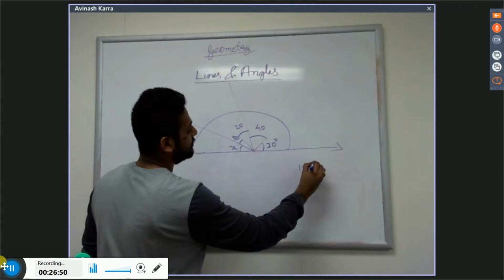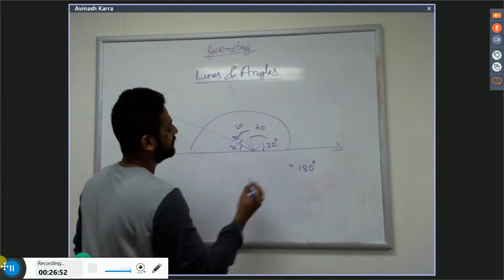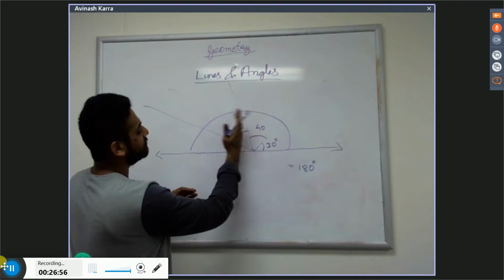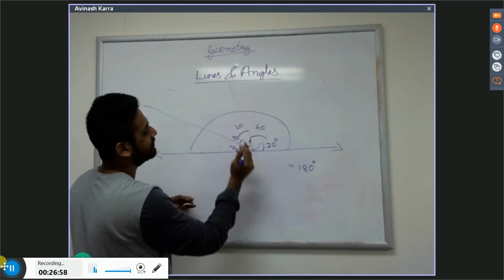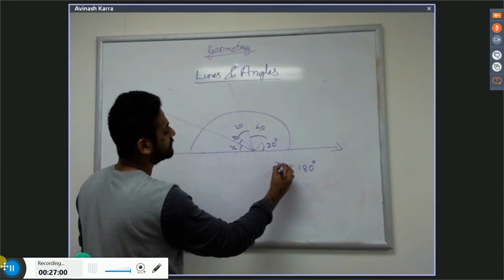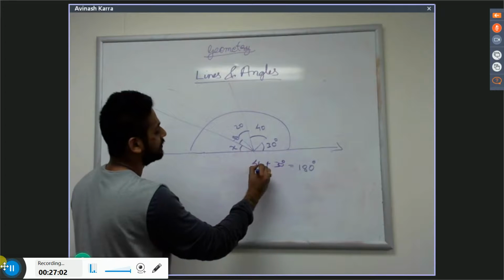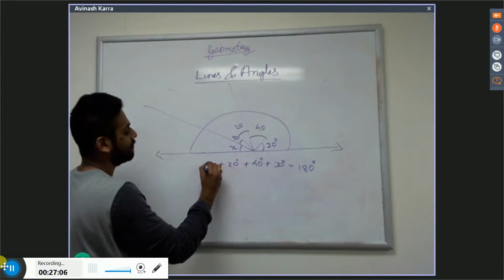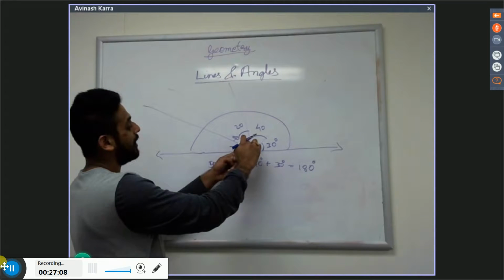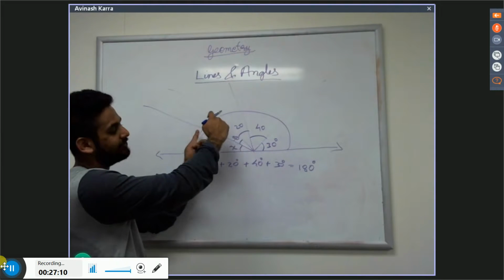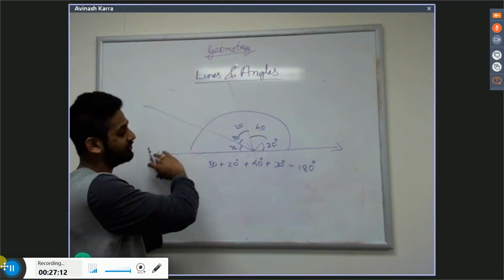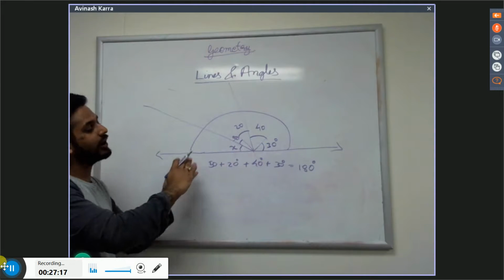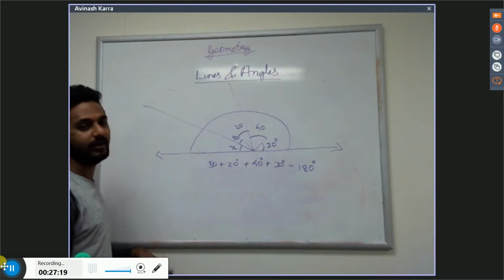The whole angle is 180 degrees, and I split it into several parts: one is 30, one is 40, one is 20, one is 50. It might not be exactly 50 degrees, but if it is given in the question, you need to consider it, or else you can redraw it accordingly.